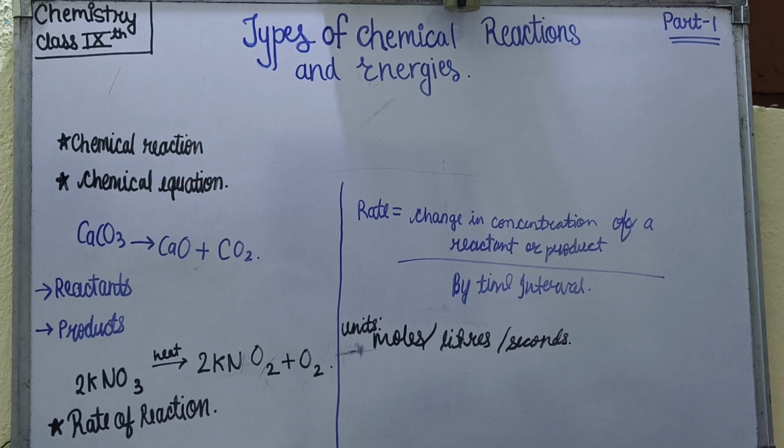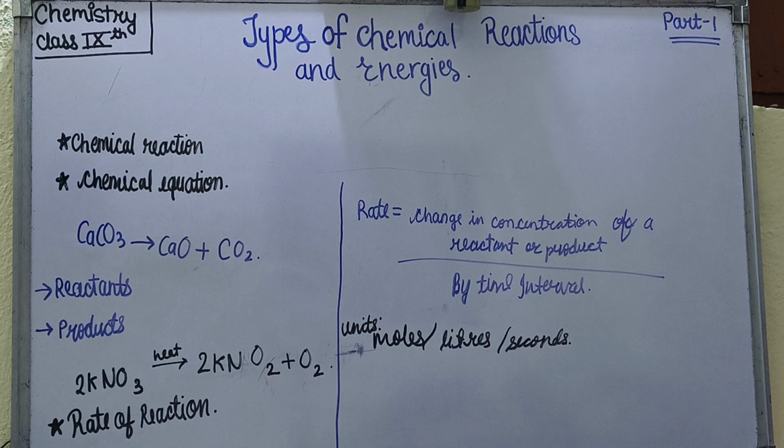Now, different types of chemical reactions based on the rate. Chemical reactions are broadly classified into three types based on the rate of reaction. Fast reaction: reactions which complete within seconds. Example, burning of crackers, reaction between marble chips and hydrochloric acid, etc. Second is moderate reaction: reactions which complete within a few hours.